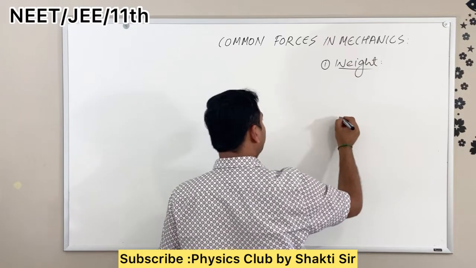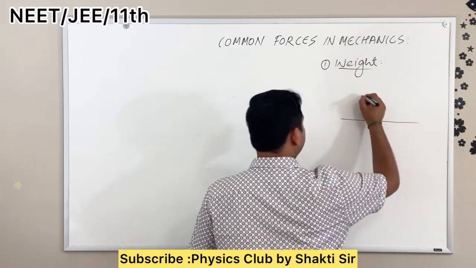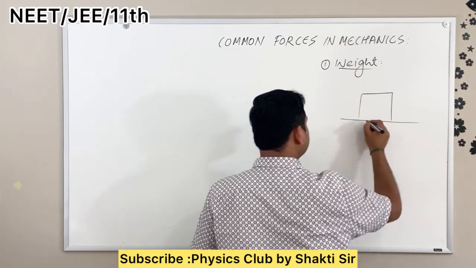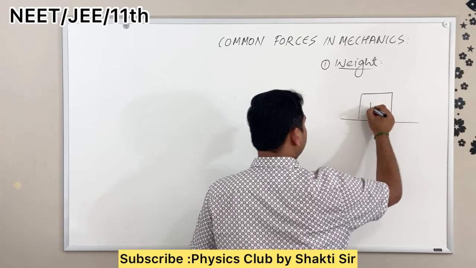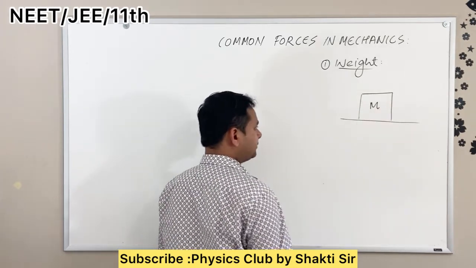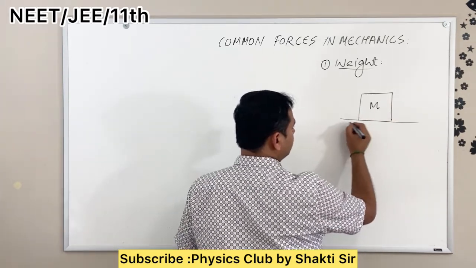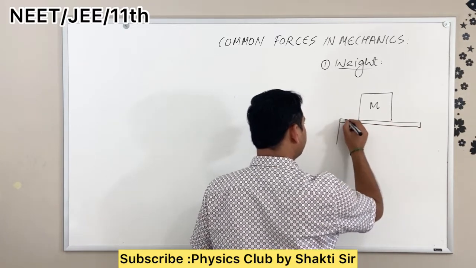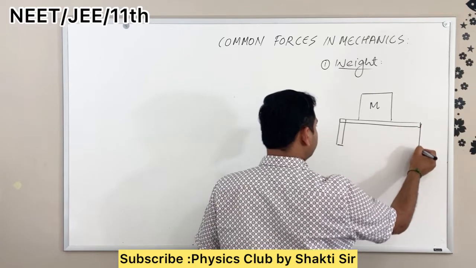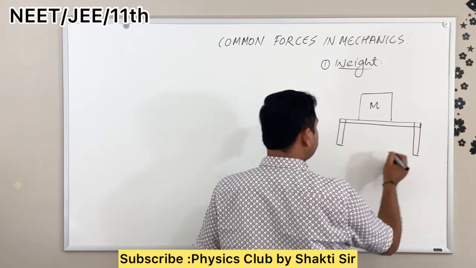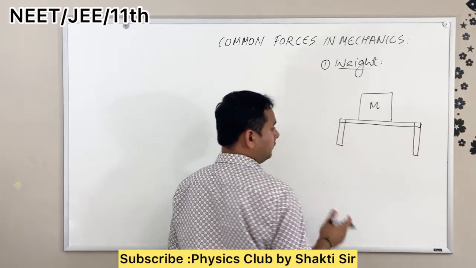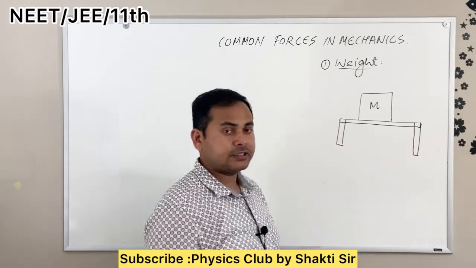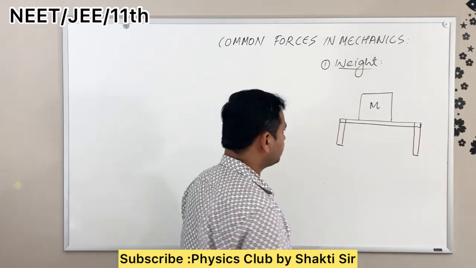So weight of an object, it's quite an easy concept. Let's say we have an object having mass m, and this is some sort of table. What is weight? Weight is nothing but a force. First of all, weight is a force, so it is a vector quantity, right?